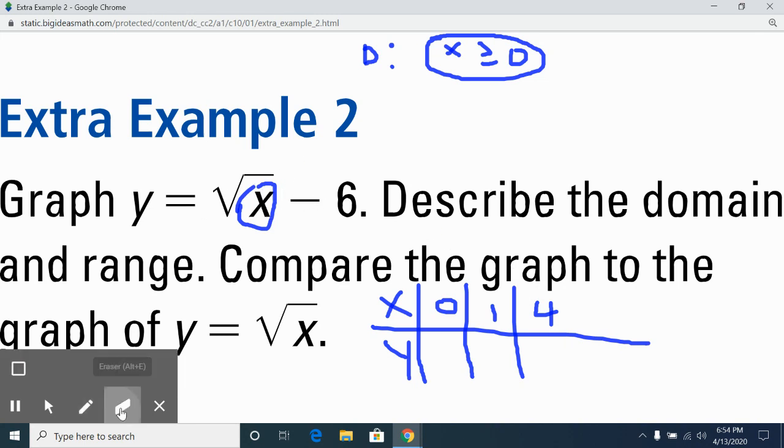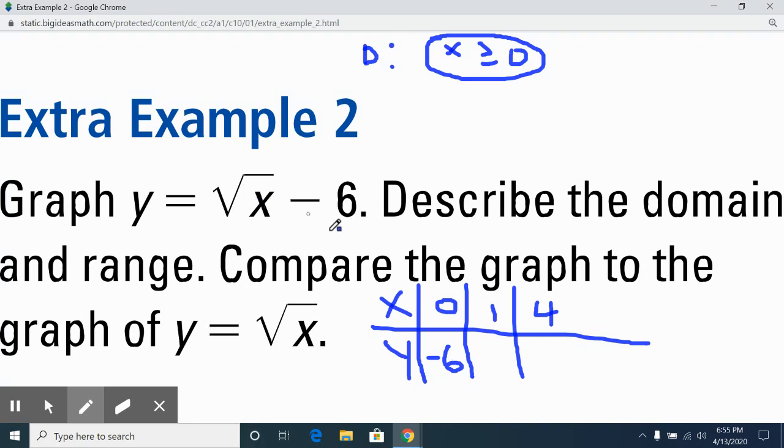Let's start by plugging in 0. The square root of 0 is 0, 0 minus 6 gives me negative 6 for y. When I plug in 1, the square root of 1 is 1, minus 6 gives me negative 5. And when I plug in 4, the square root of 4 is 2, 2 minus 6 is negative 4.